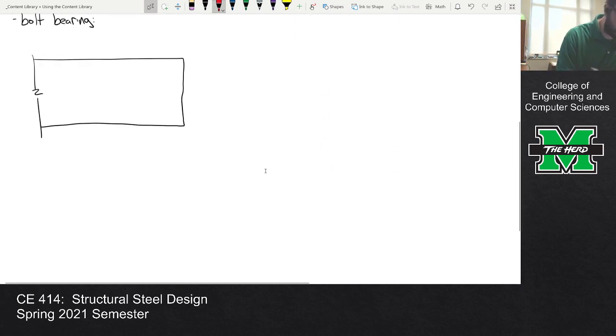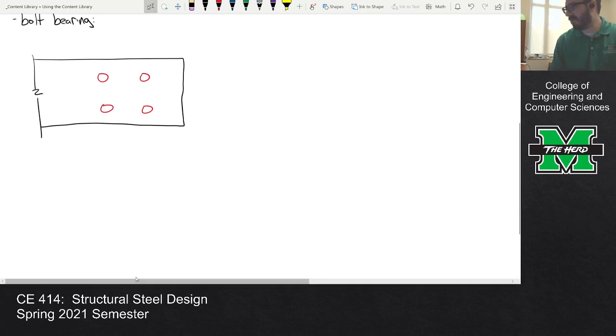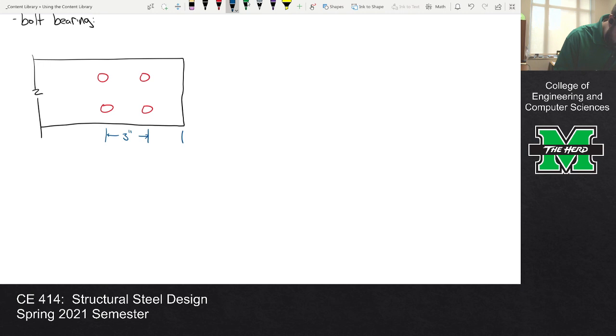All right. Okay, so here's the connection, and we've got 1, 2, 3, 4 bolts. Now the dimensions that I gave you for this problem were this dimension here was 3 inches, and this dimension right here is 2 inches.